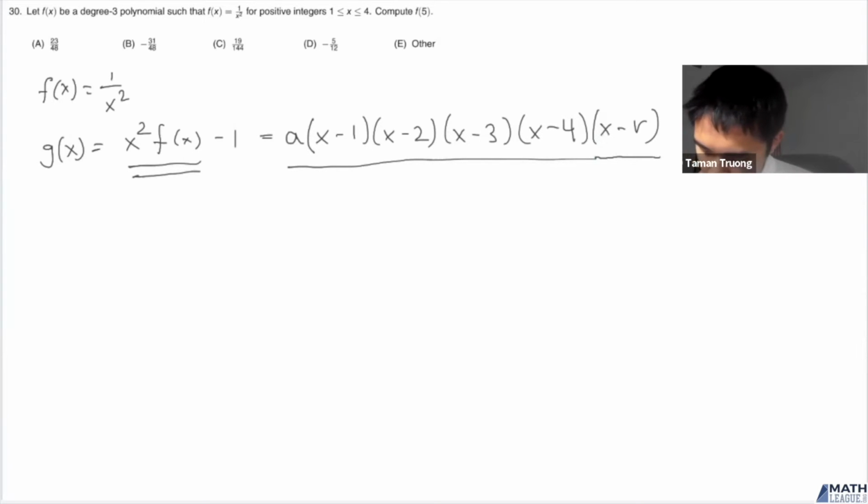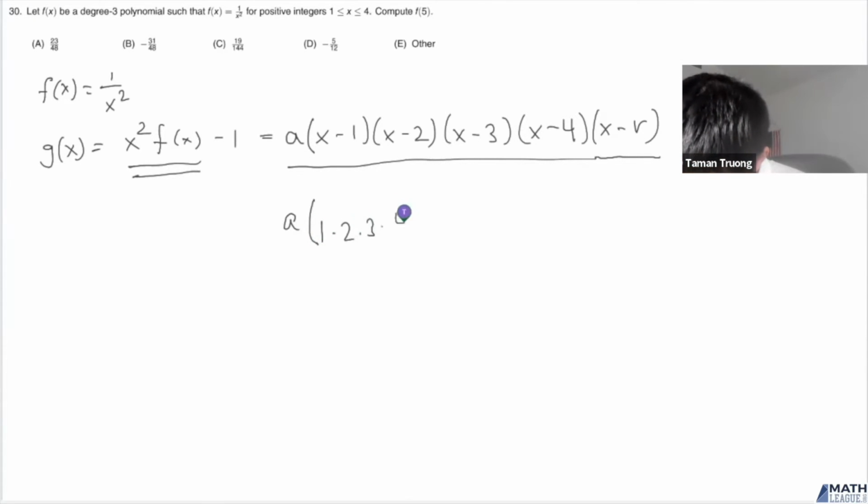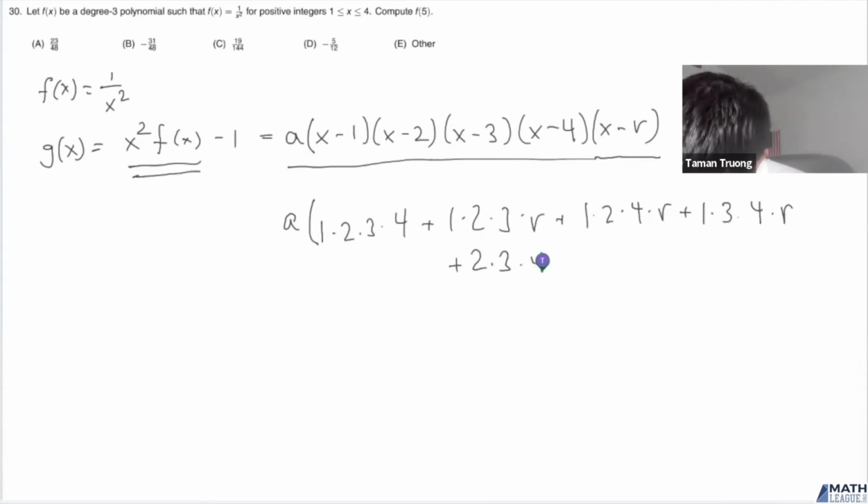Realize that now the x term doesn't exist. And so in order to find the x term, we're just multiplying any 4 of these roots together. So we get a times the constant times, okay, the roots: 1 times 2 times 3 times 4, plus 1 times 2 times 3 times r, plus 1 times 2 times 4 times r, plus 1 times 3 times 4 times r, plus 2 times 3 times 4 times r.